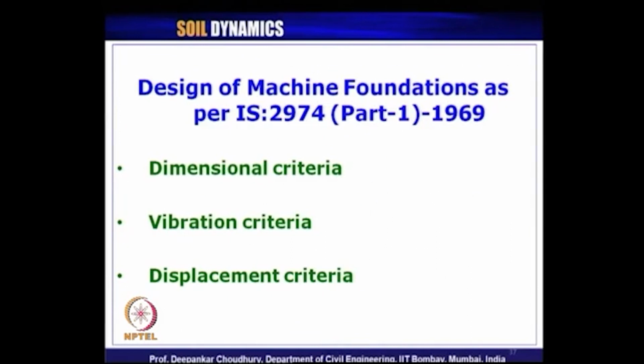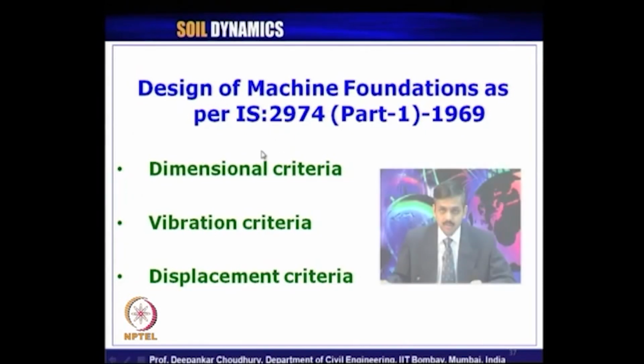Now, coming to the Indian Standard Design Code provisions, what it says about design of machine foundation as per our Indian Standard Code IS 2974 part 1 of 1969. It says that a machine foundation has to be designed by checking 3 criteria.